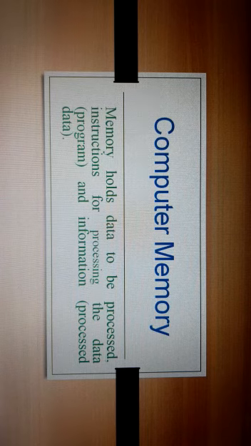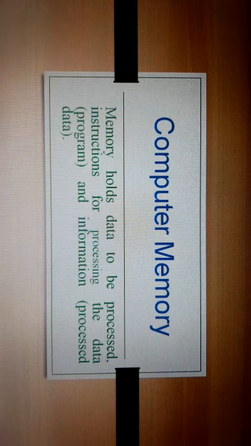Data, instructions and information are held in memory. In fact, the memory unit is a storage place where data, instructions and information are stored. All instructions or data are stored in the memory unit before being used by the ALU.